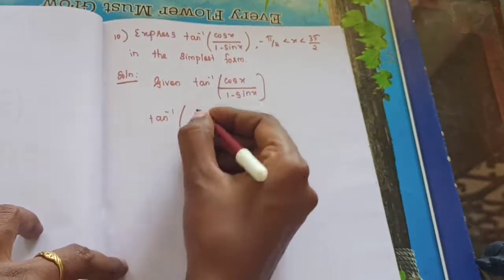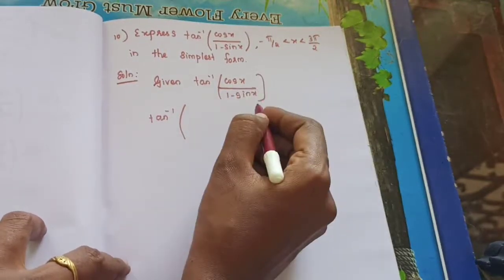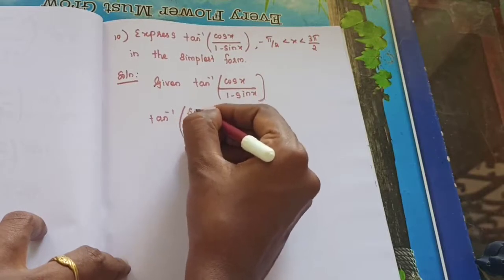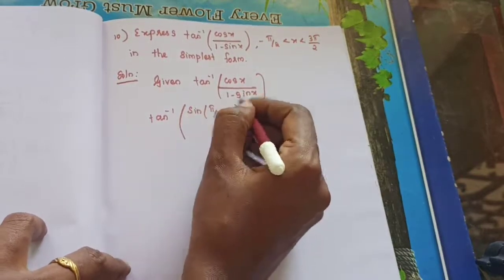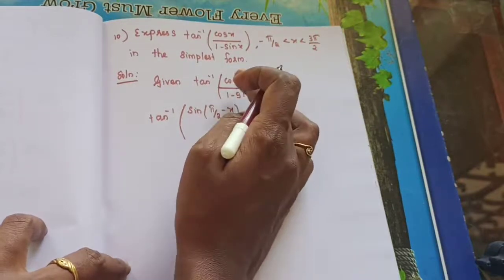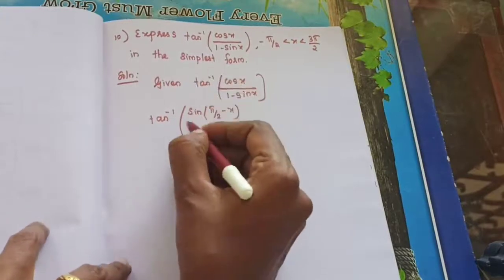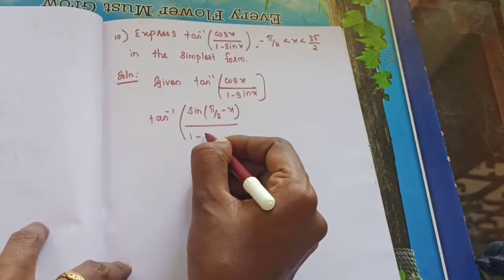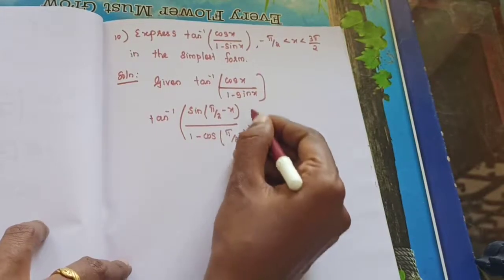Cos can be written in terms of sin. So how will you write? Sin of 90 minus theta. Correct? Do you remember? Sin of 90 minus theta is cos theta. So cos x can be written as sin of 90 minus x. 90 is same as pi by 2. Then same as that, 1 minus sin can be written as cos of 90 minus theta. Is it right? 90 minus theta.